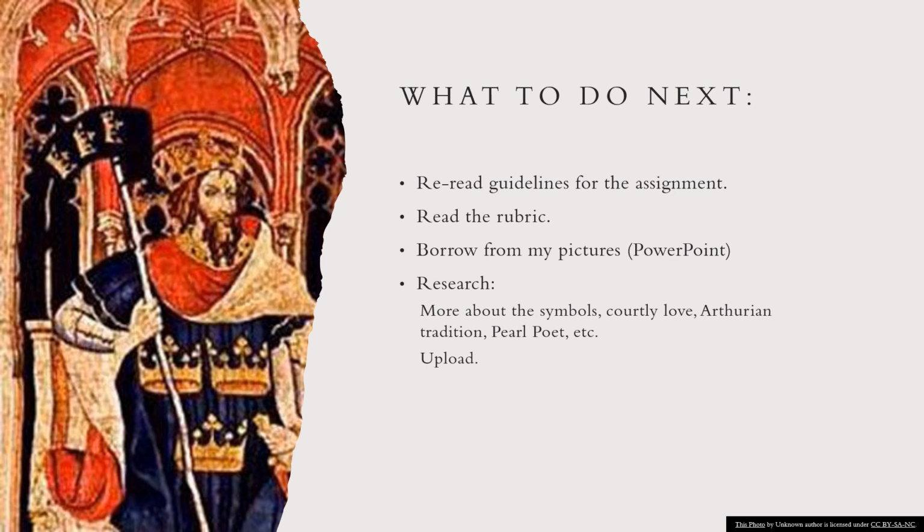Find out maybe more about the symbols, maybe more about courtly love. There's a good article on courtly love. I think I actually put it in our files on Canvas. Arthurian traditions, what's usually in an Arthurian romance. The Pearl Poet is the author of the text, and other topics.